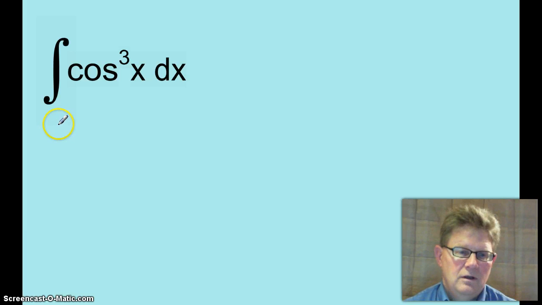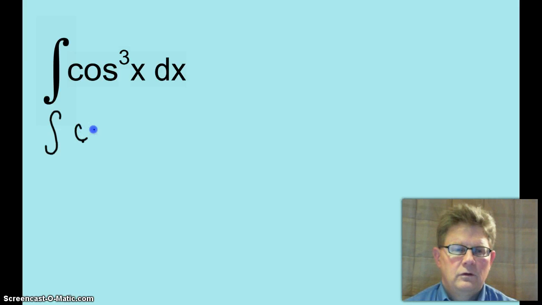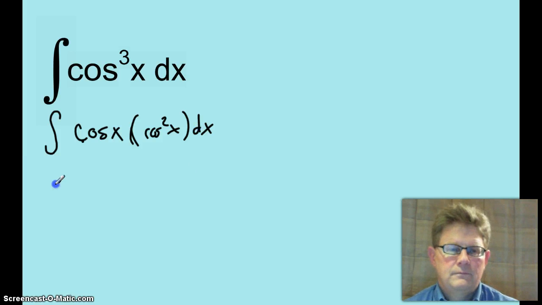Alright, this one takes a lot of algebraic shenanigans and a little bit of trigonometric shenanigans. We're going to say that this is the integral of cosine x times cosine squared x dx.